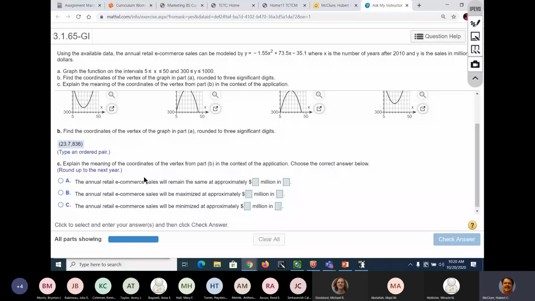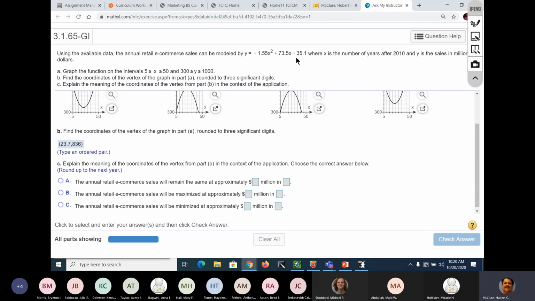Explain the meaning of coordinates on the vertex from part B in the context of application. Well, the years after 2010 is 24. So in the year 2034, the e-commerce sales will be at 836 million.